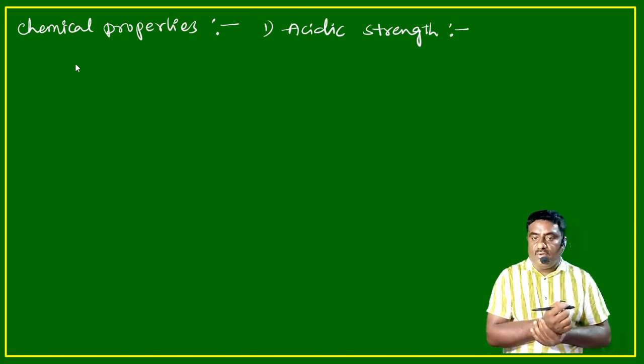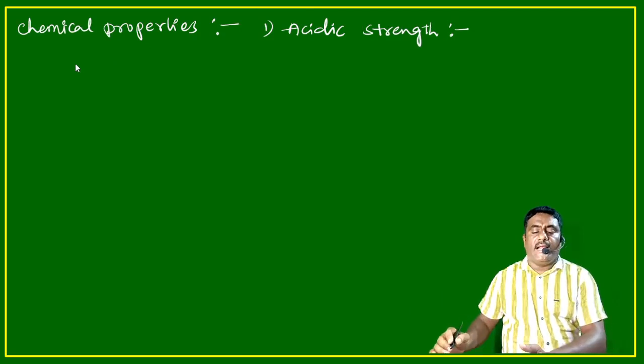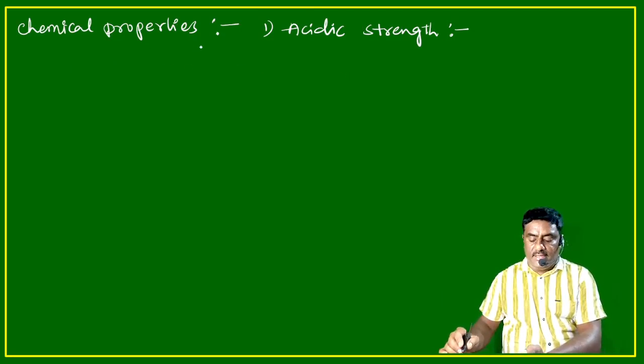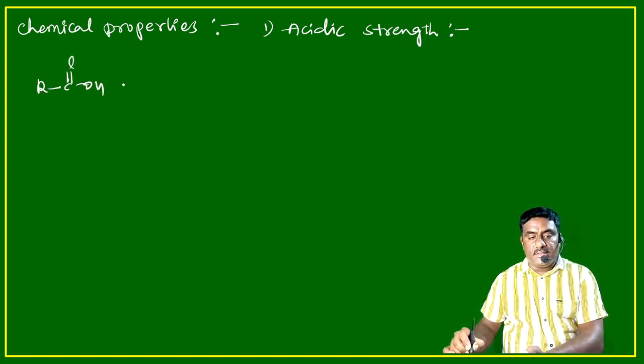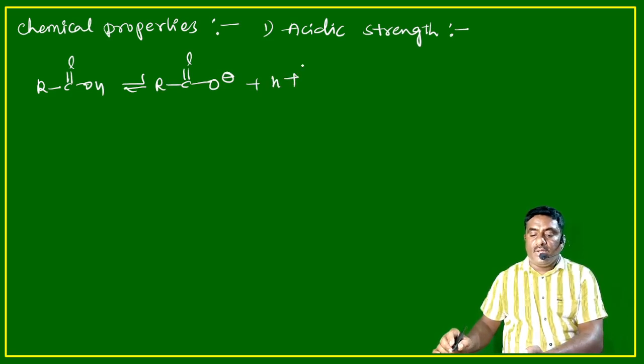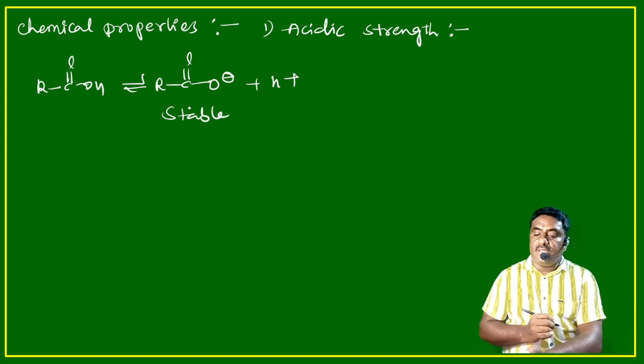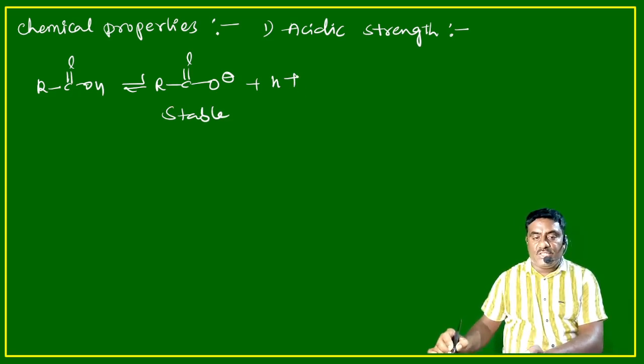Carboxylic acid, RCOOH, is resonance stabilized to form the carboxylate ion RCOO minus, producing H plus. RCOO minus is a stable form.